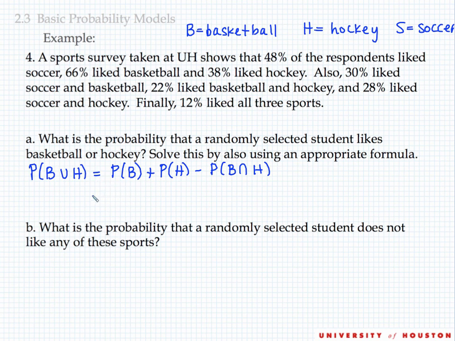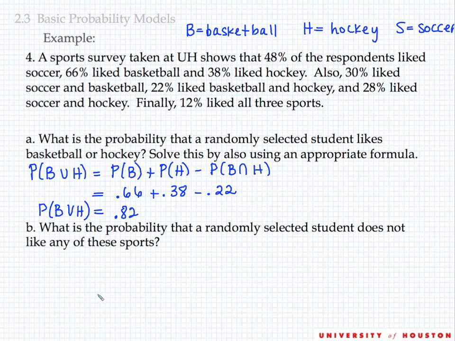Well, 66% like basketball, 38% like hockey, 22% like both. This gives me 82% liking basketball or hockey. The next question is, what's the probability that someone does not like any of these sports?